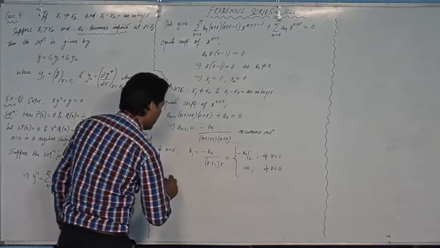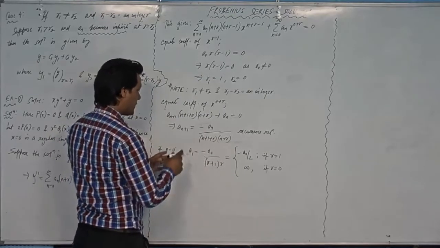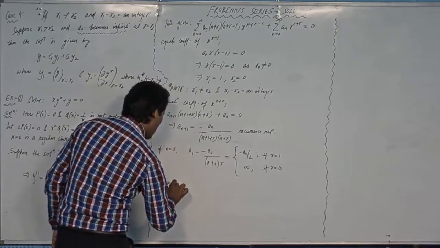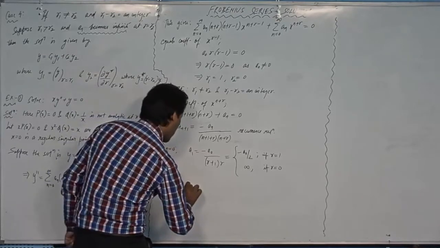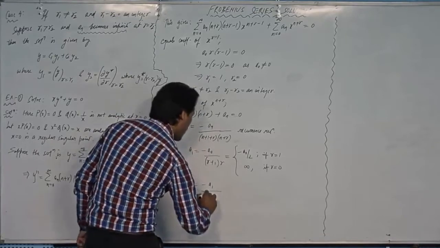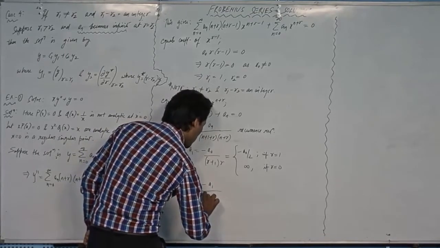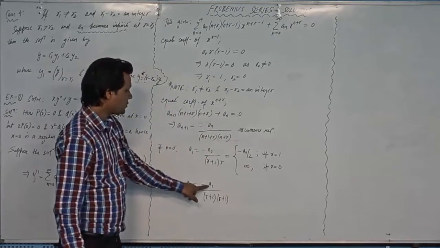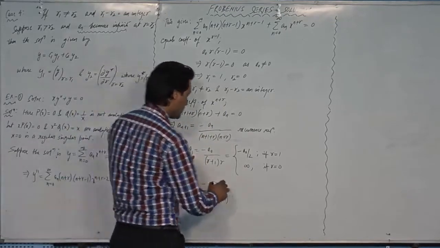Okay. So for case 4 I have to find the next coefficients. If n equal to 1, from here I will get a2 equal to minus a1 divided by (r plus 2) and (r plus 1), right? But a1 is already obtained, so I will plug this value here.